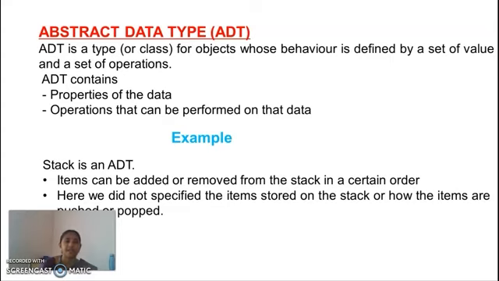These are the properties, that is the behavior of a stack. And what are the operations? Whatever the ADT is, the main operations are add and remove, that is addition and deletion of an element in the stack. So here you have specified the operations and the properties of the stack.